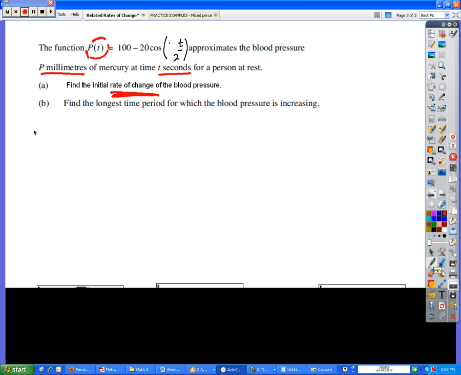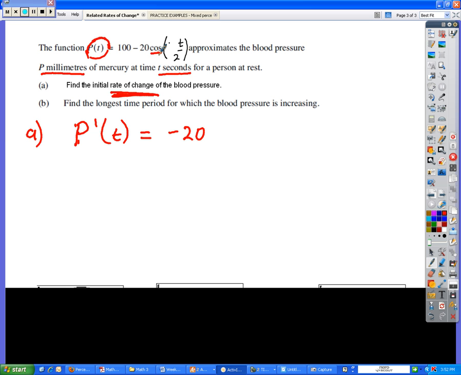Okay, so the first thing we're going to have to do is find our rate of change. What are we going to call it here? If our function for the blood pressure P millimetres is P(t), it'll be the best thing, call it P dash t. Alright, we've got a nice trig function here, so let's do that. 100 differentiates off to 0. Negative cos function, well, we've got negative 20, our coefficient.